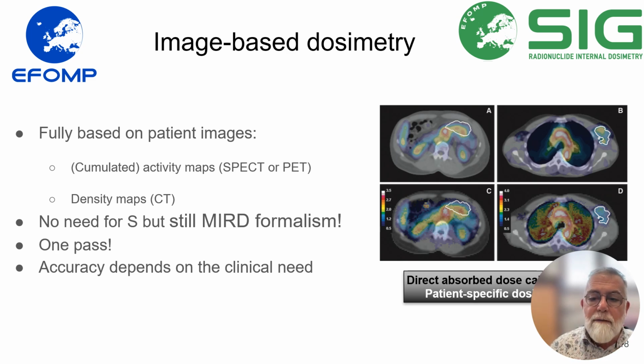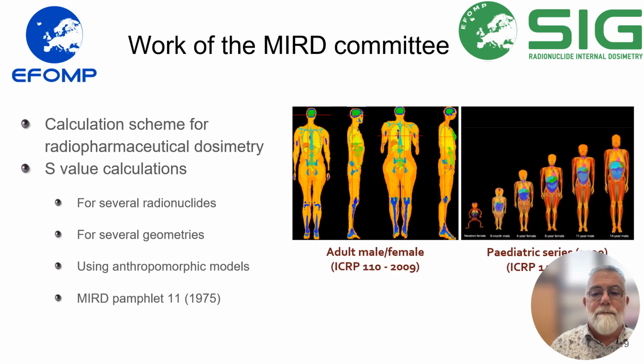Bear in mind that we are still using the MIRD formalism, right? Both for model-based or for image-based dosimetry. So the work of the MIRD committee over all those years was, first of all, providing us with a calculation scheme. Whenever we're using D equals A S or whatever, it's been written. I mean, that computation scheme has been given to us by the MIRD committee.